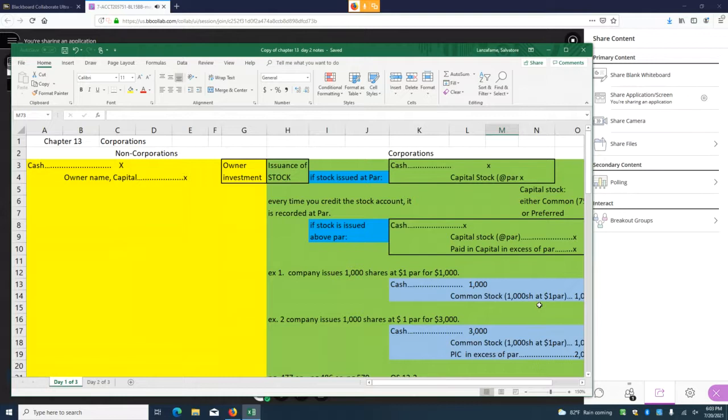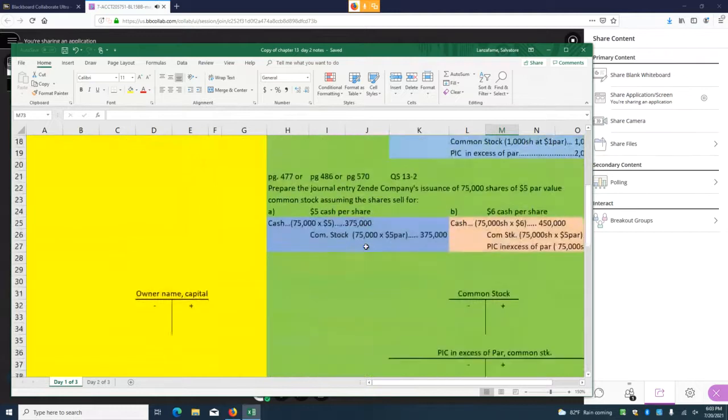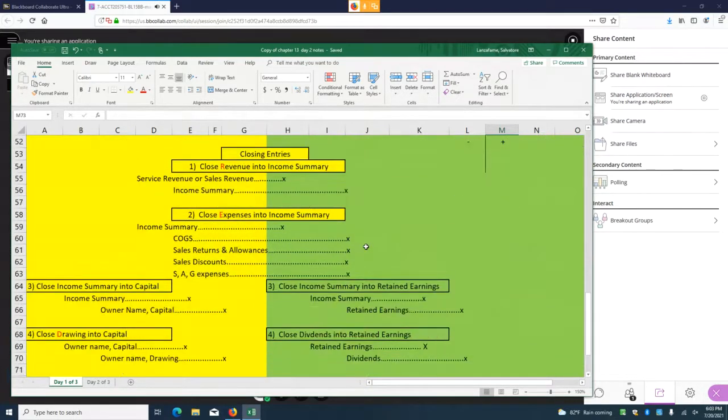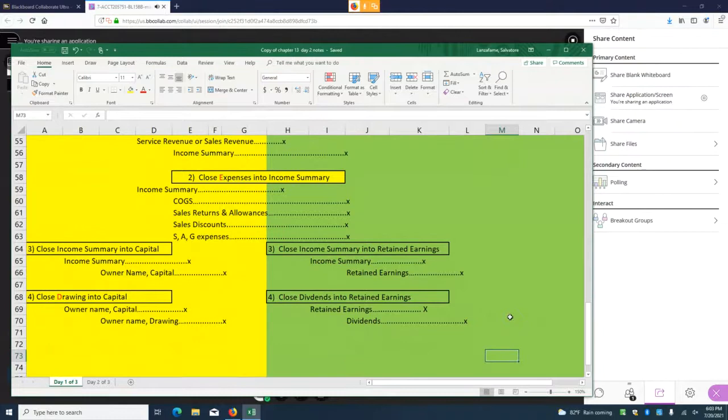So last week we were talking about non-corporations versus corporations. I'm just going to scroll down a tad because this is all review. And then we got into closing entries. I mentioned how the first two closing entries are exactly the same in a non-corporation scenario as they are in a corporation, but where things get different is when you get to closing entry 3 and 4.